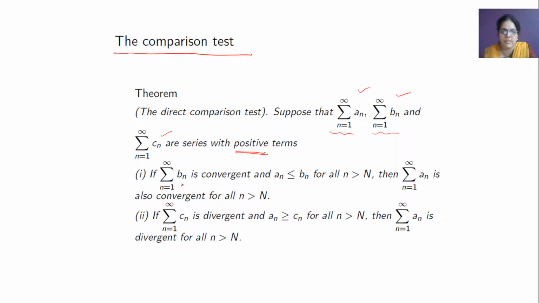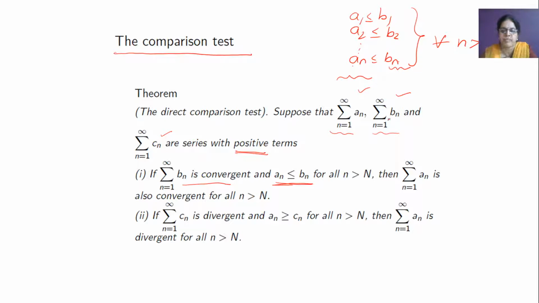If sigma bn is convergent and an is less than or equal to bn, that is, every term of the first series is less than or equal to the corresponding term of the second series, that means a1 is less than or equal to b1, a2 less than or equal to b2, etc., an less than or equal to bn, and this is true for all n greater than N. So after a particular term, if this is true, then sigma an is convergent if sigma bn is also convergent.